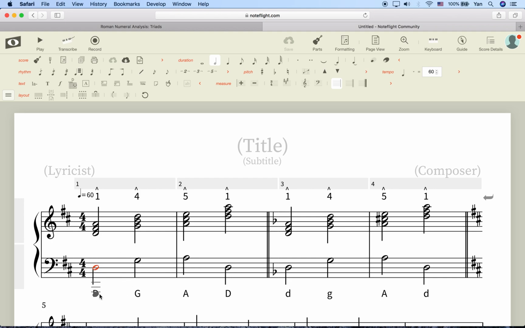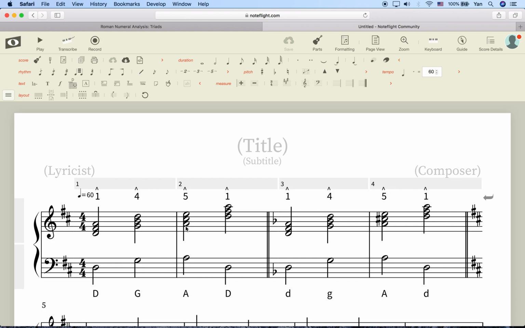So we have D major, because the first triad of the diatonic triads in major is a major triad. That's why we have an uppercase D. Then we have the fourth degree of the scale and a triad built on that, which is G, B, D, which is G major, so we have an uppercase G down here.